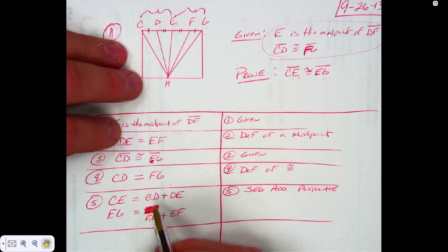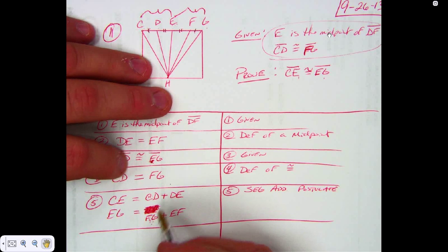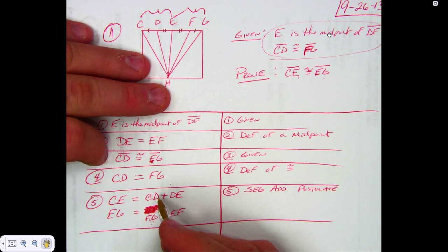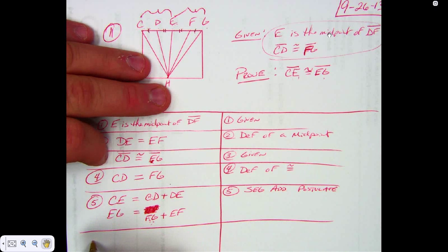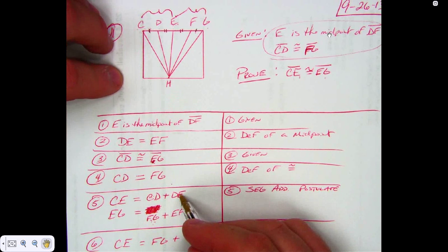Well, first of all, what do we know about FG? That CD equals FG. So wherever I see CD, what could I put? FG. So I could come down here for number 6 and say CE is equal to FG plus, well, what do I know about DE? What is it the same thing as?